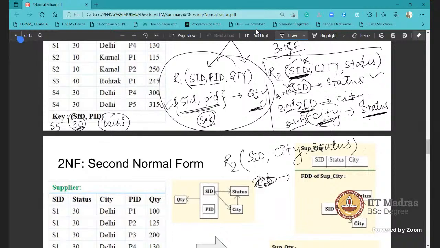This particular one violates the functional dependency, the third normal form rule. So we create another decomposition and make this the candidate key. So R3, where the attributes are city and status, and here city is the primary key.